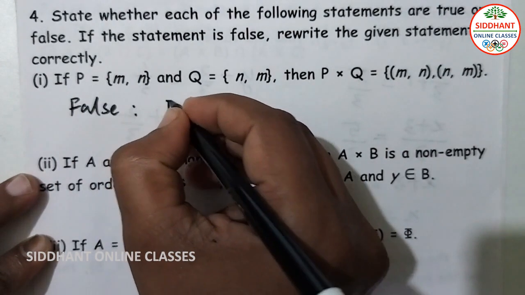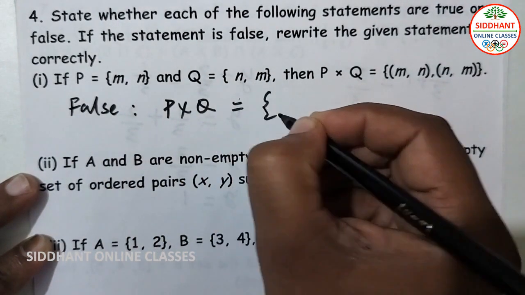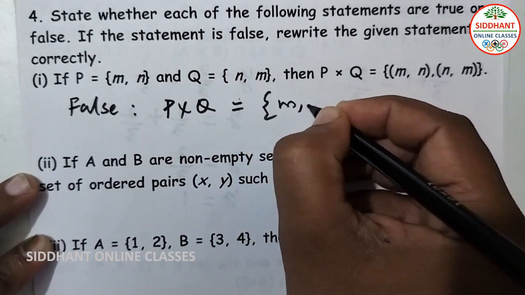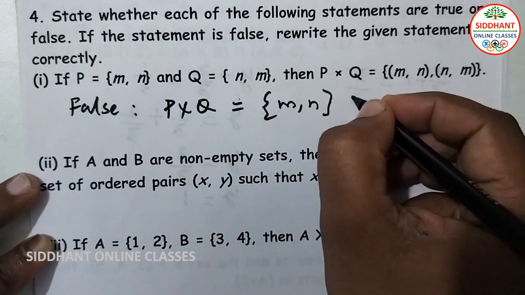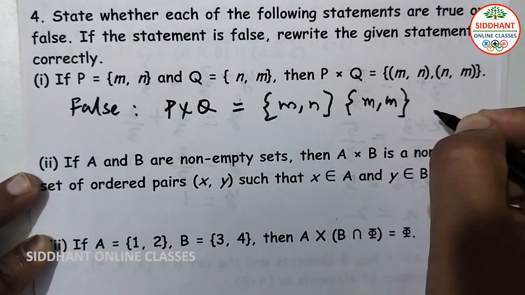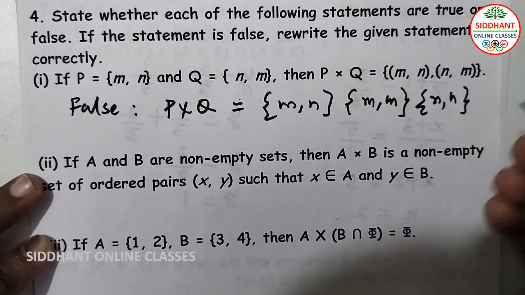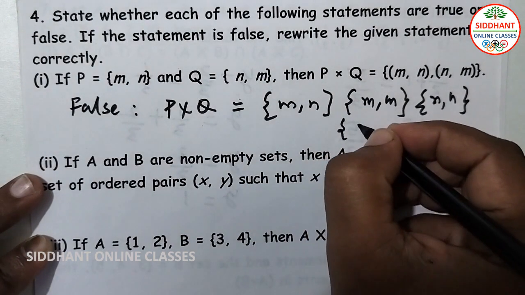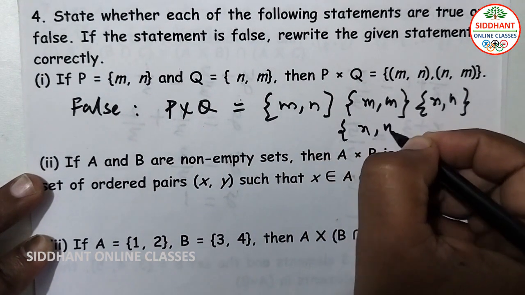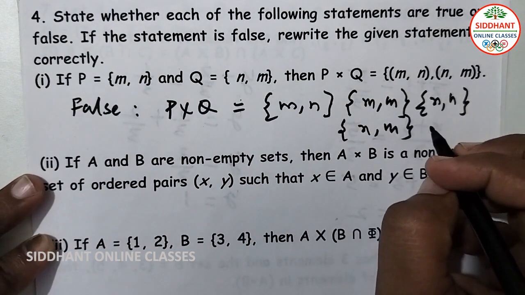Because when you see P cross Q, we have sets, subsets. First (M, N), next (M, M), next (N, N), next (N, M). So total 4 sets, subsets are there.